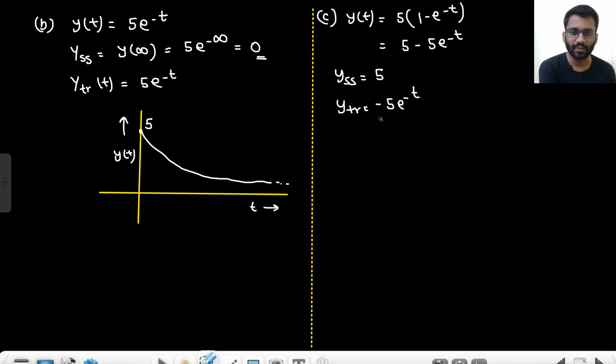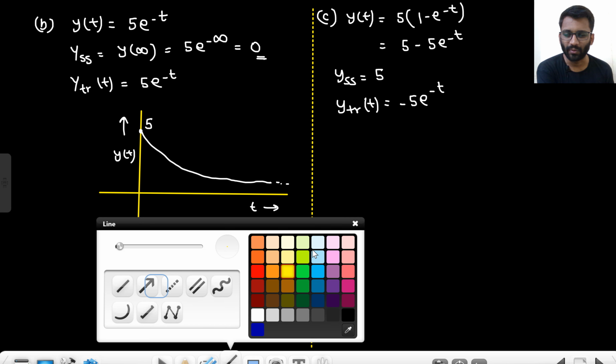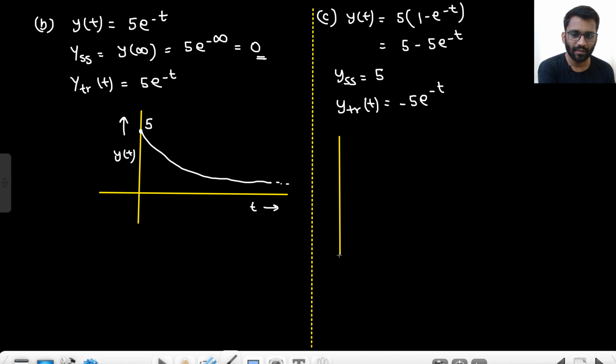I should have written it in a better way, y transient(t) is minus 5e to the power minus t. So how will it look?